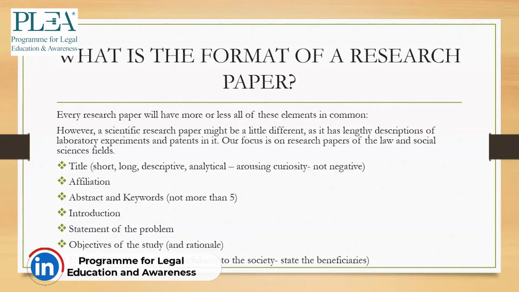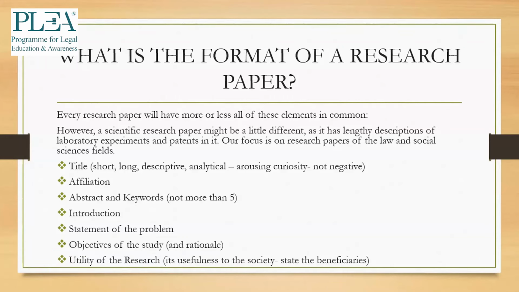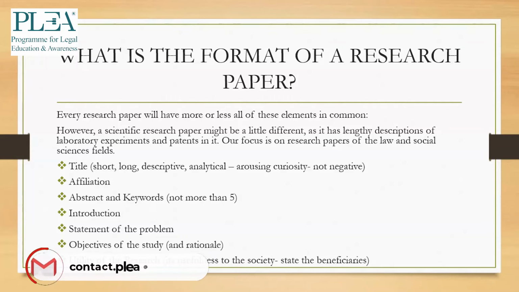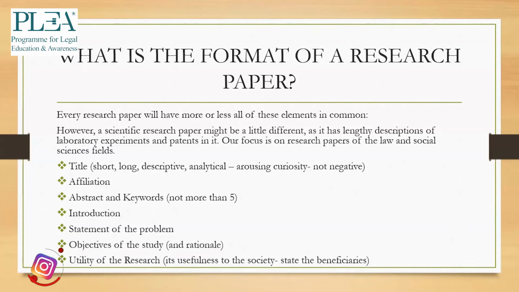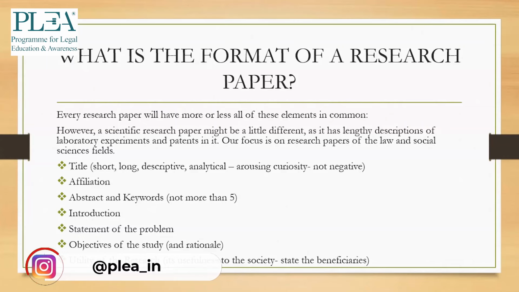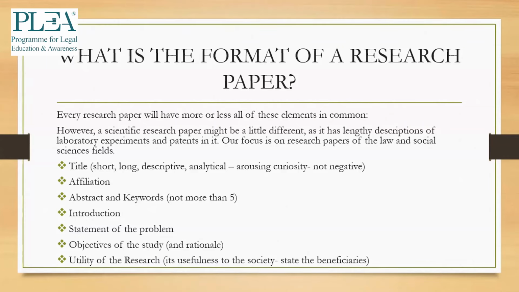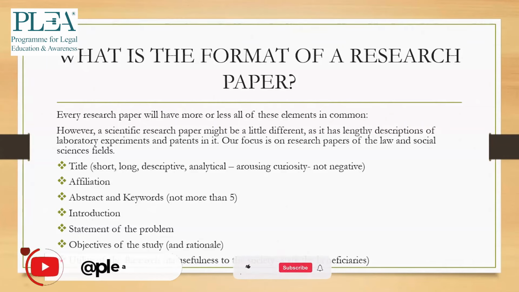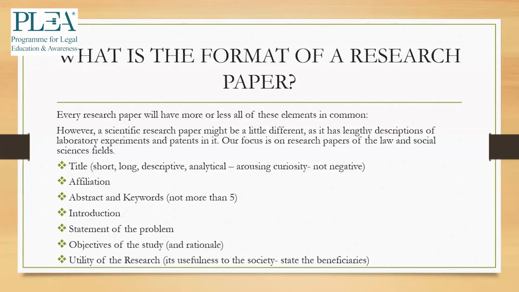And because of its usefulness, they will try to cite it in their own literature. If anybody is doing a research, they will always cite your paper, they will give your reference in their research work, because it is useful to the society, to the patients, to the consumers.